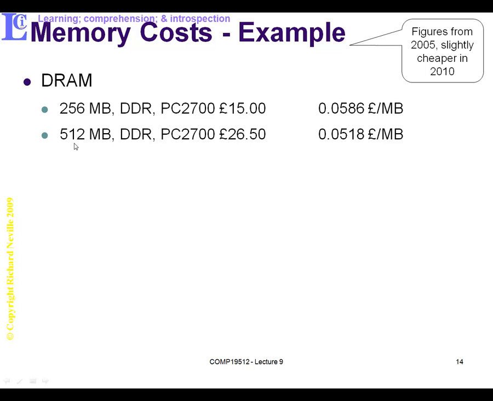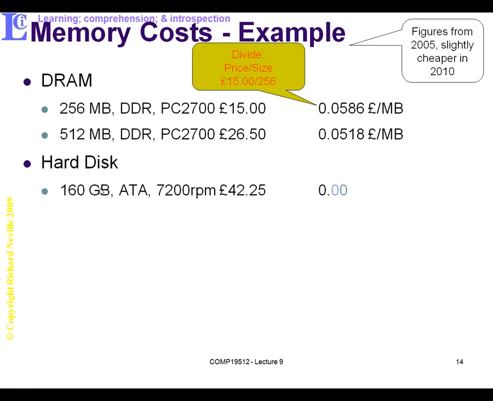And then if we go to a 512 megabyte DRAM, which is at this point in time that I accessed it, £26.50, we see that that is 0.0518 pounds per megabyte. So that's interesting. So this is, remember, the price divided by size. So it's 15 divided by 256 megabytes. And then we get the value in pounds per megabyte.